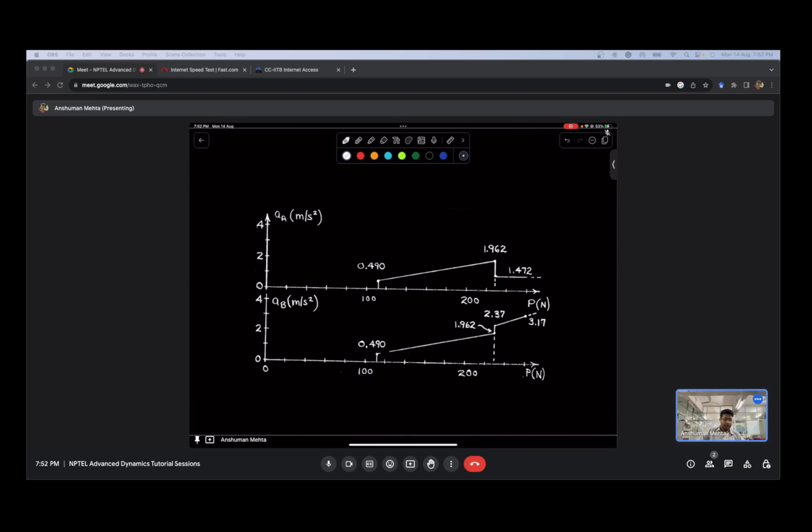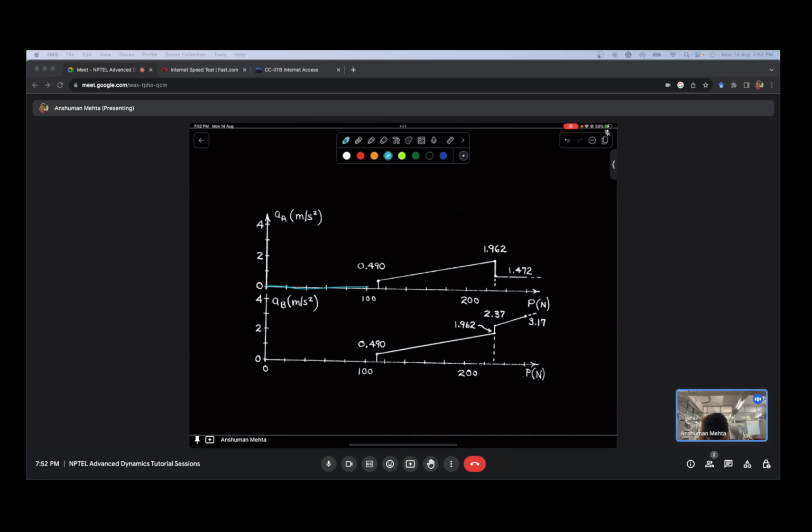A of A up to some point it will be 0, and then it will start, let me mark it by some other color.